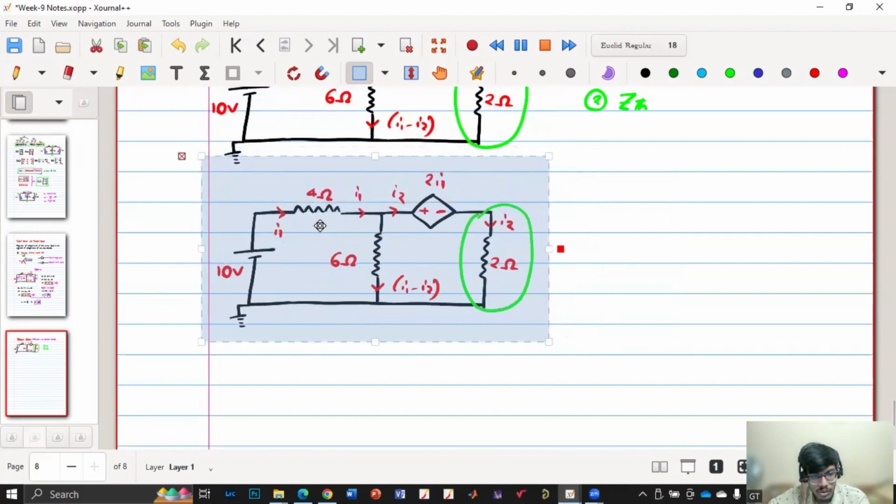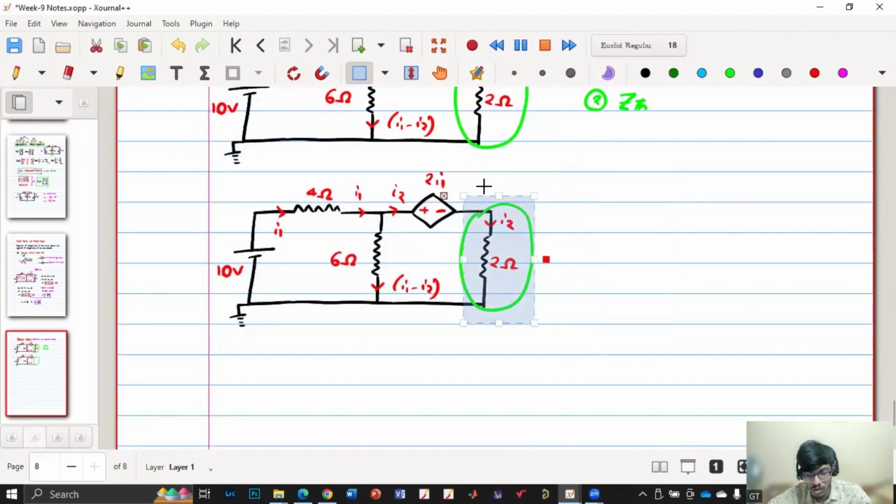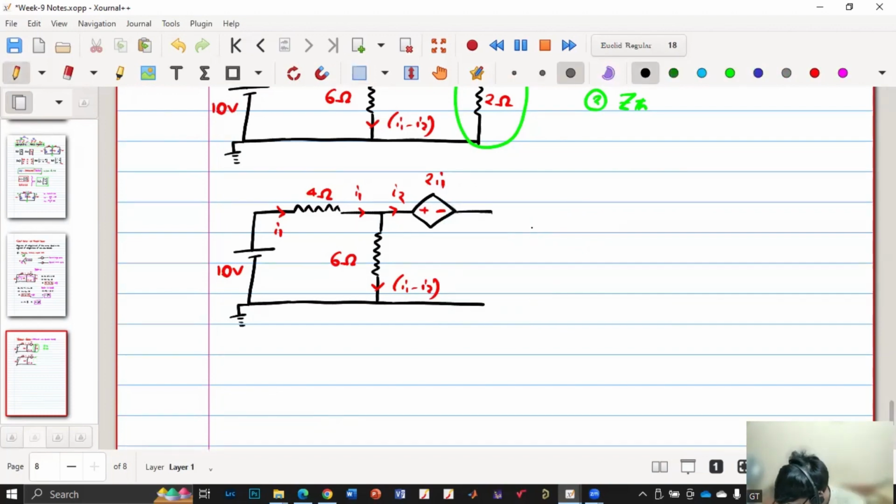We'll open circuit it, and this will give us our VTH. This is plus, this is minus VTH. Let me also remove these currents. This is 2I1, and the other currents will not be there. First of all, what is the current in this path? 0, right? Yes, sir. So the current is 0.